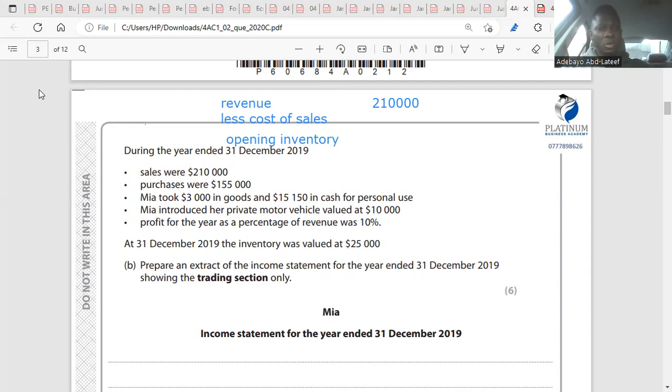Then we have the goods withdrawn for personal use, which is 3,000, minus 3,000. That gives you 172,000. Then minus the closing stock, the inventory at 31 December 2019, 25,000.